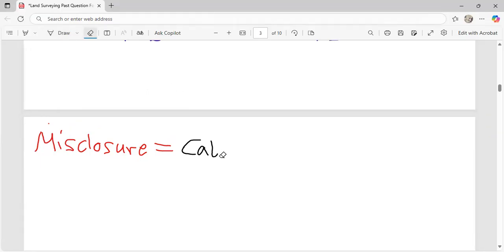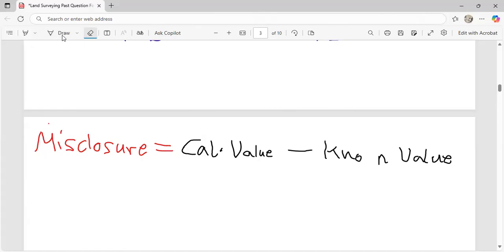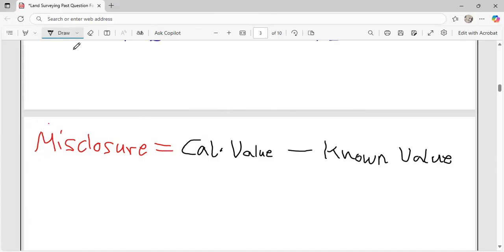The calculated value minus the known value. So let's say the calculated value minus the known value, so that our misclosure is equal to the calculated value minus the known value.